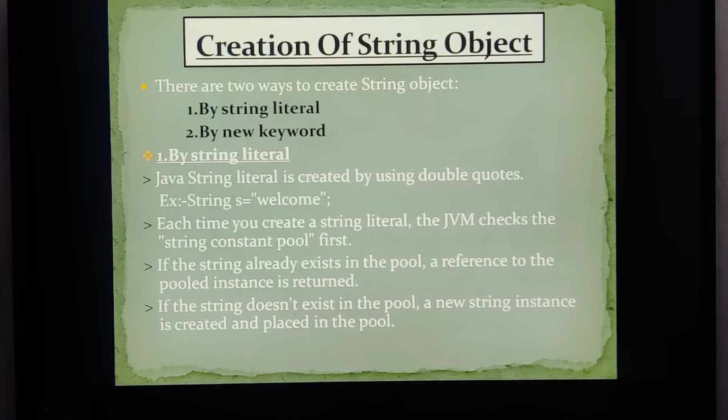If the string already exists in the pool, a reference to the pool instance is returned. I will give you more clarity in the next slides, just wait for that. If the string does not exist in the pool, a new string instance is created and placed in the pool. Now come to the next slide.